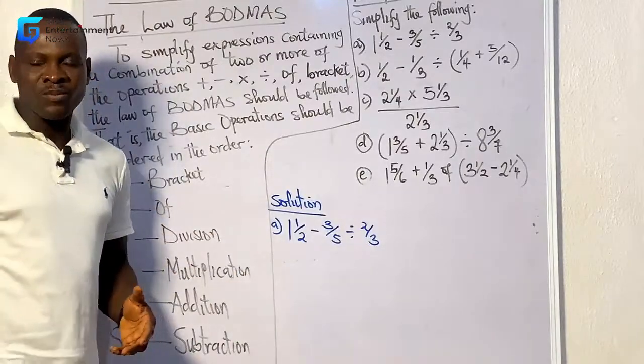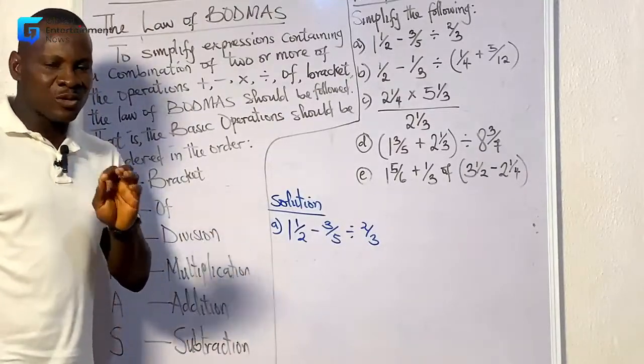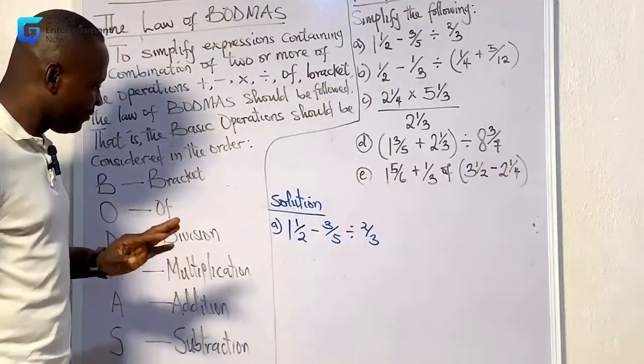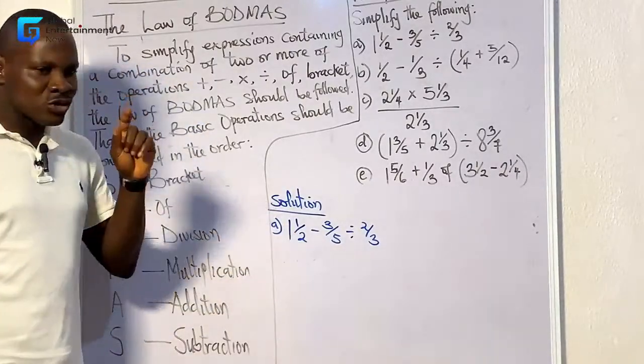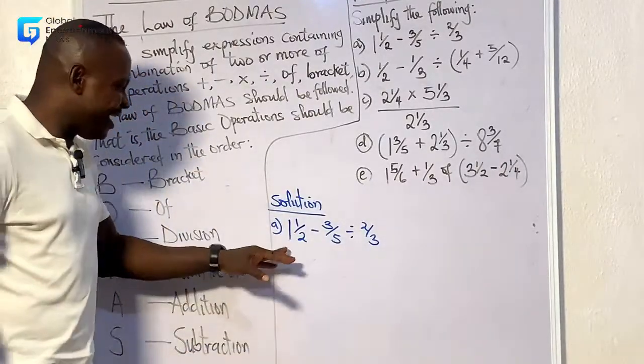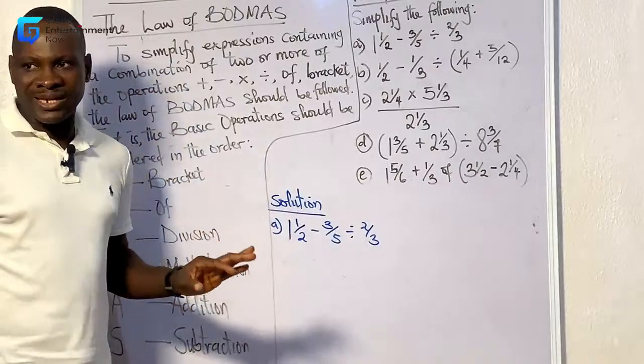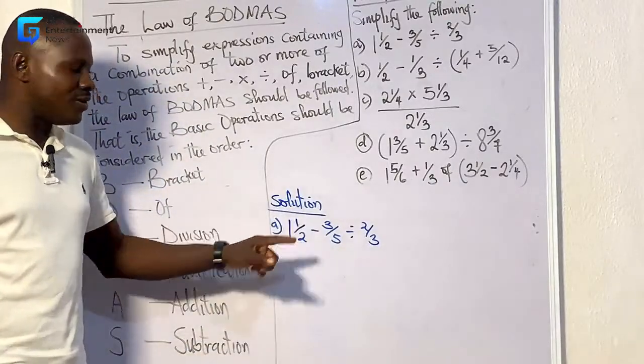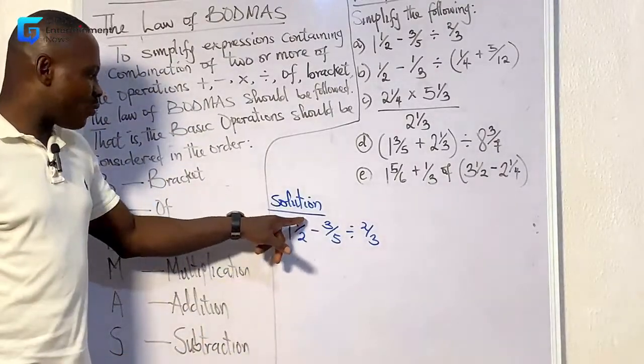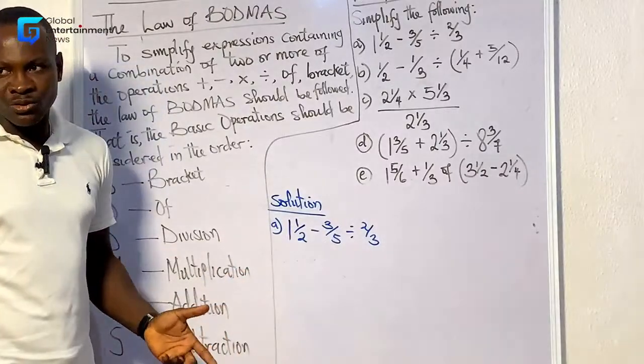But before you do that, if you remember, I told you vividly that you cannot solve an operation in a mixed term. Looking at this, 1 whole number 1 over 2, you cannot say 1 divided by 2. No, you can't do that.